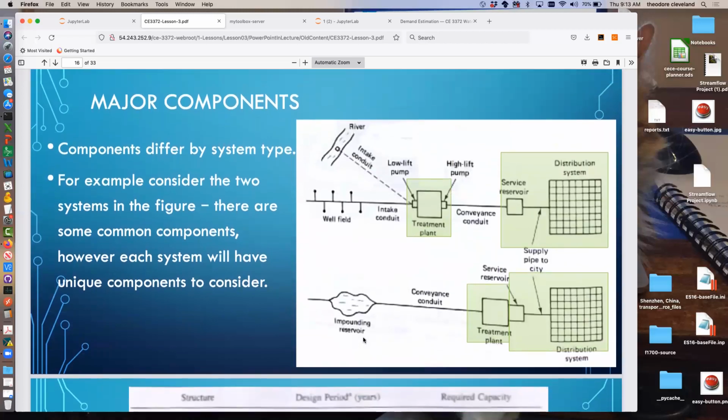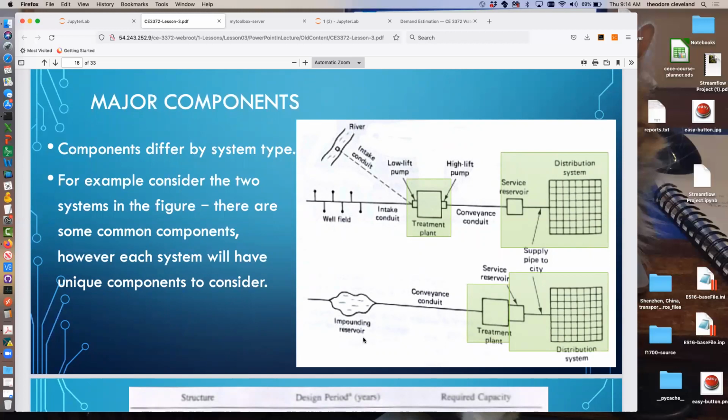So here's a picture of two different systems identifying some major components. We'll look at these pictures from right to left. On the right side, on the upper one, you have a distribution system and a service reservoir. Just think of that as an elevated storage tank, for lack of a better thing to think of.